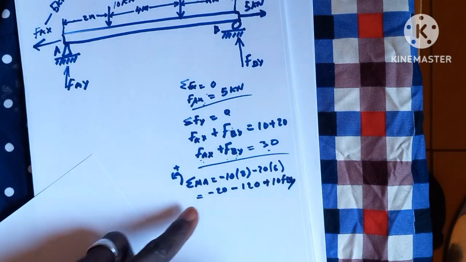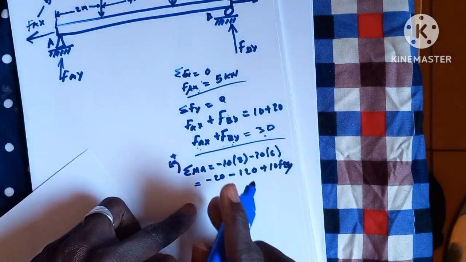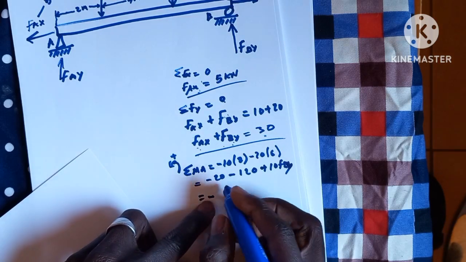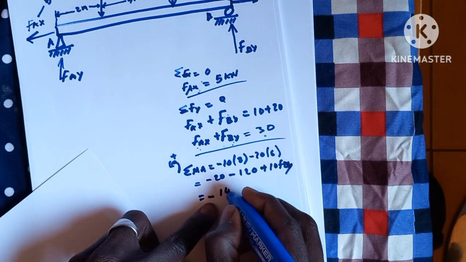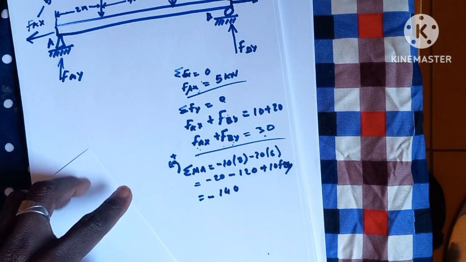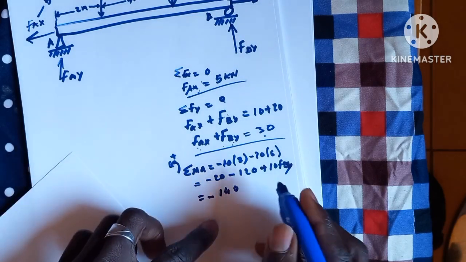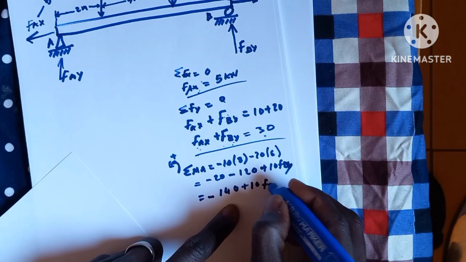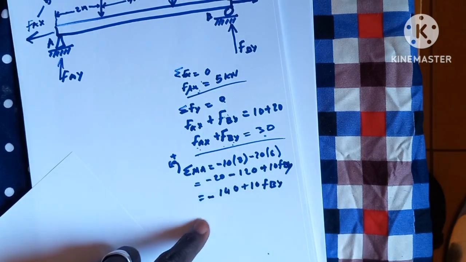Adding these two together, we're going to have minus 140 plus 10 FBY in this case.